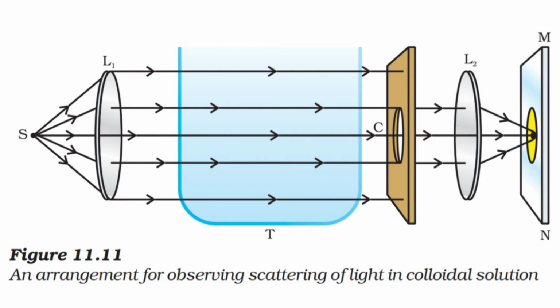We have the source of light, two converging lenses, a sheet with a small hole, the screen MN, and the transparent glass tank T. The source of light passes through the lens as a parallel beam through the transparent glass tank and the small hole in the sheet, then passes through the second converging lens to the screen MN.